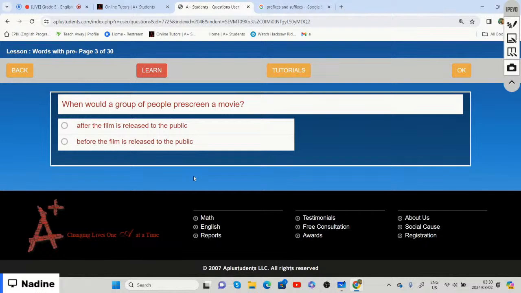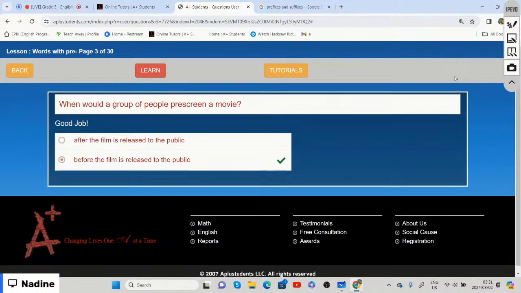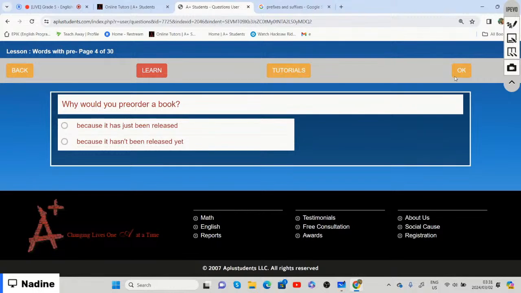All right. So we then pre-screen a movie before the film is released to the public. Yes, so actors, actresses, they first watch the movie before the public watches it.